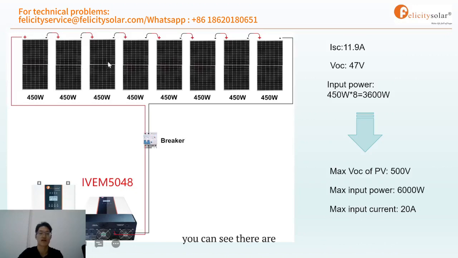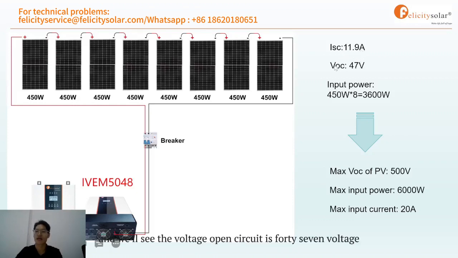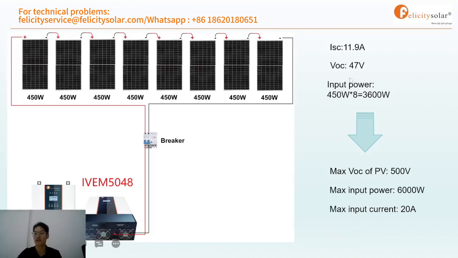You can see there are 8 panels, each panel has maximum 450 watt power. That's the data. The ISC, the short circuit current, is 11.9 ampere, and the VOC, the open circuit voltage, is 47 volts.